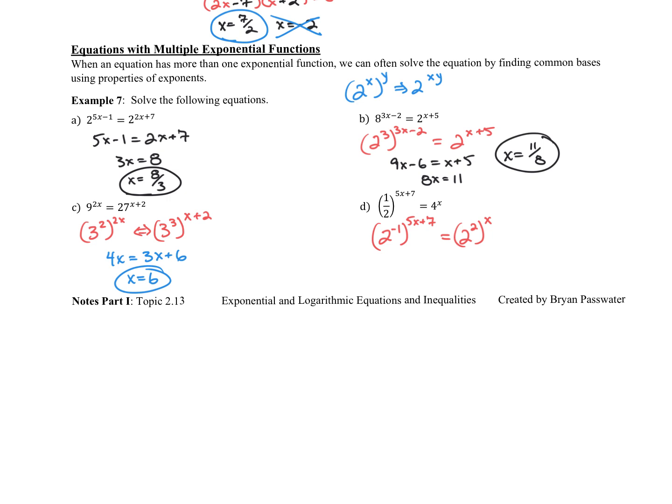However, what would be my exponent on my left side? -5x and then -7 is equal to 2x. Now let's get our x's on the right side, I personally would. So now I'd have -7 is equal to 7x, so x is equal to -1. All right.